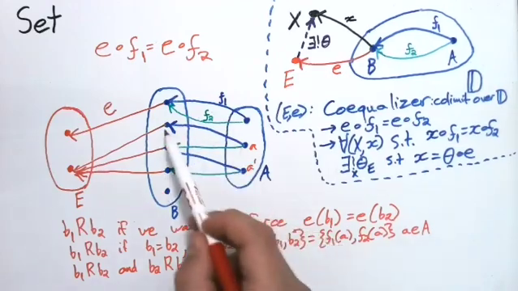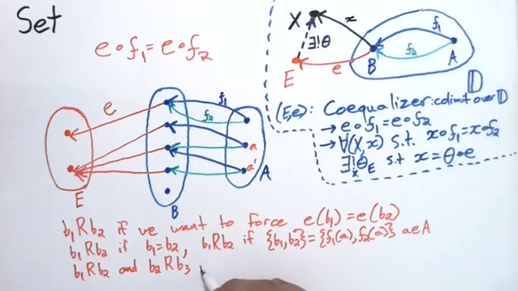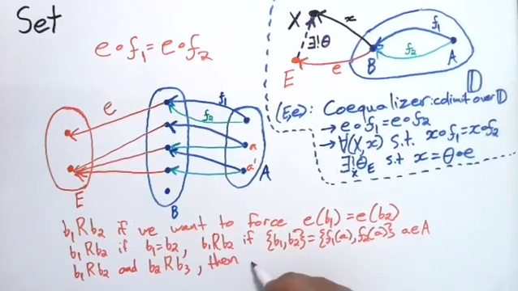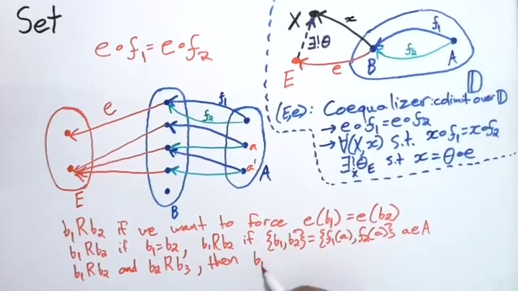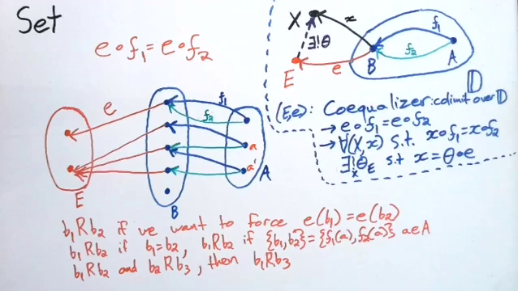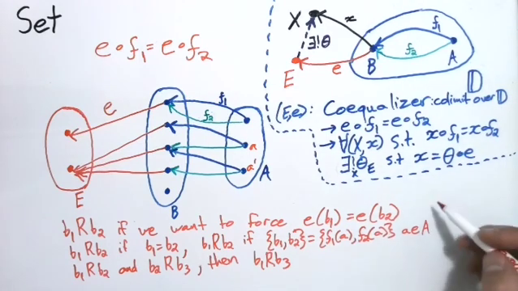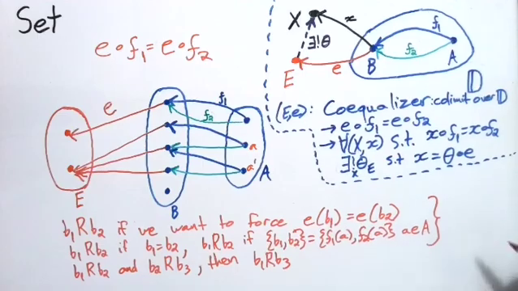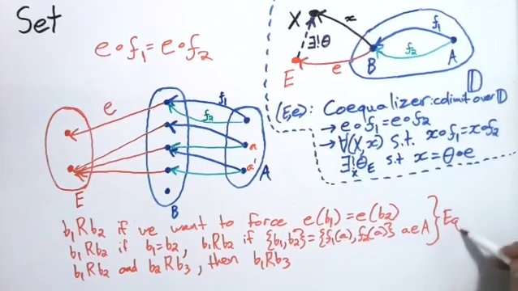Because these diverge and because these diverge, then we need B1 is related to B3 also. They all need to map to the same thing. So do you see, hopefully, what those three conditions give us? They give us, in a very non-rigorous way, the fact that this relation that we've defined is an equivalence relation.